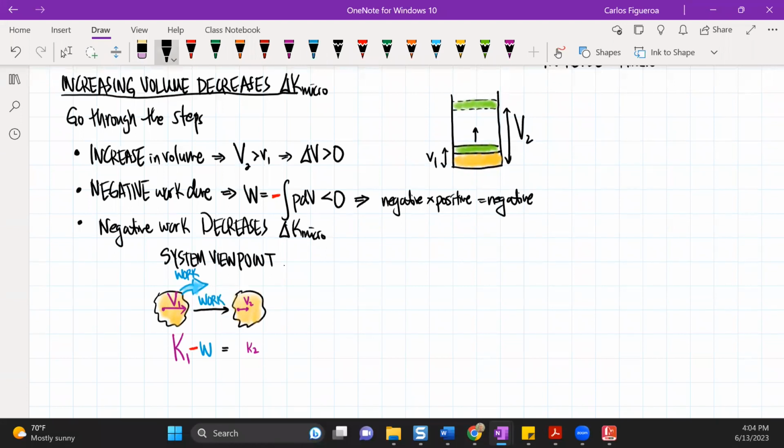So to get a good sense of that, I'm going to use a bar diagram to make this nice and clear. When I look at a bar diagram, I look at the kinetic energy. It's a high kinetic energy initially, and then I'm going to go to a lower kinetic energy.